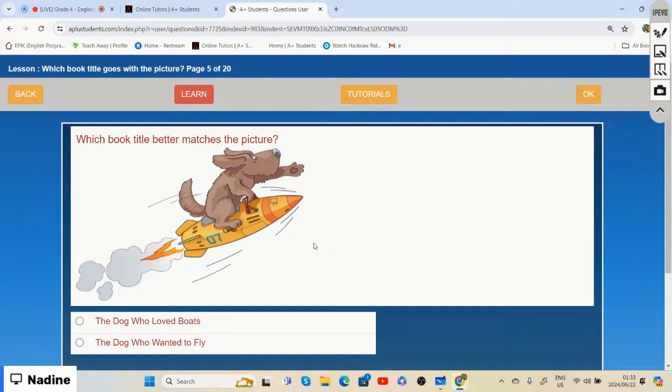So is it The Dog Who Loves Boats or The Dog Who Wanted to Fly?